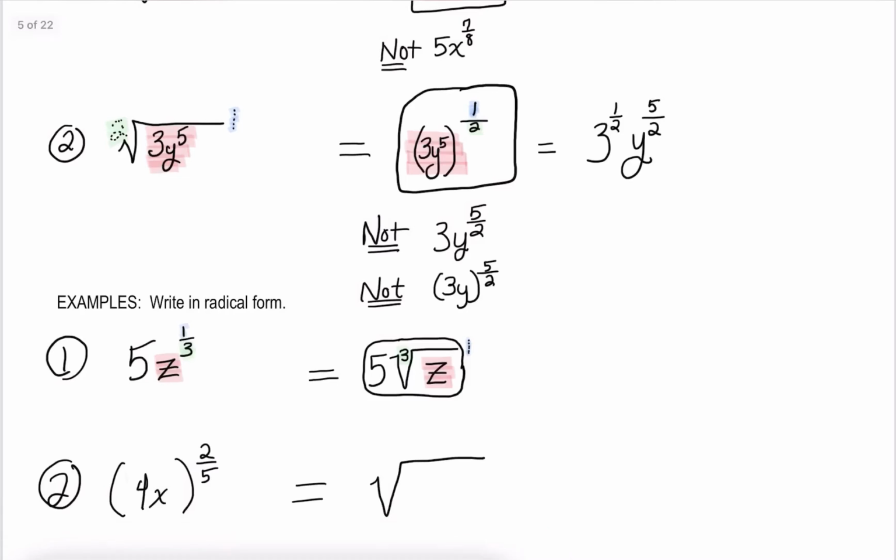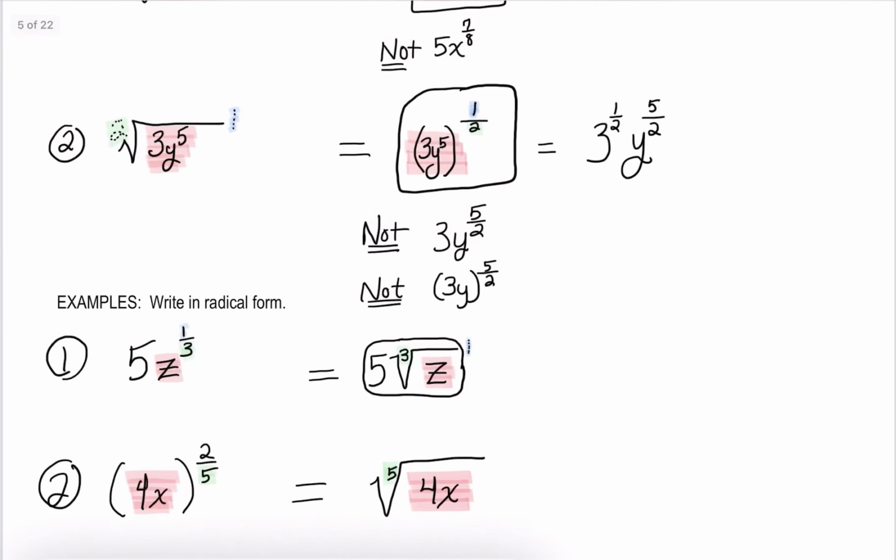Well, this time, because there's parentheses, it is the entire 4x that is being raised to that rational exponent. So it's going to be the entire 4x that's under my radical. All right, let's start with our index, which comes from the denominator. And so the index of my radical is going to be a 5th root of 4x.